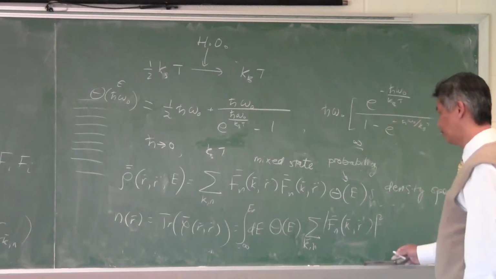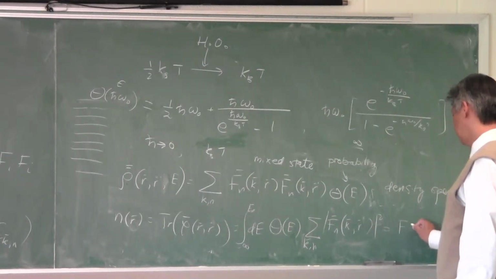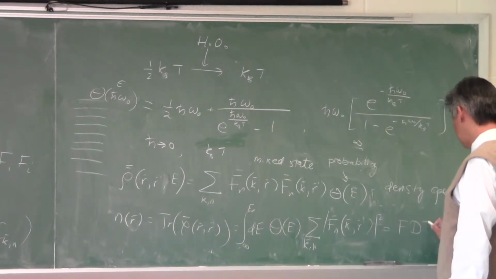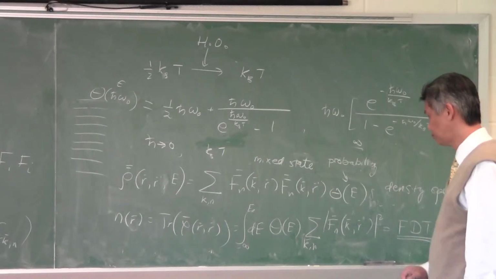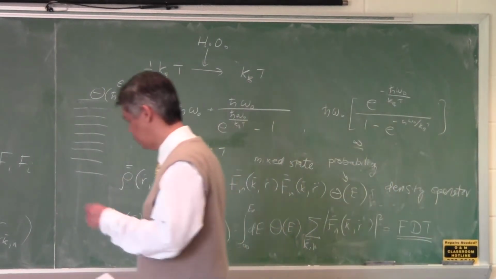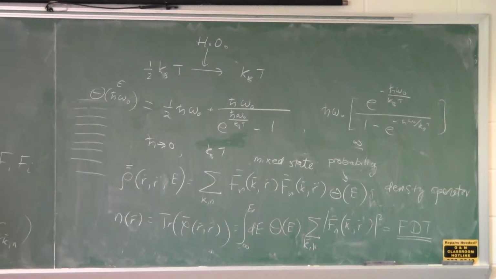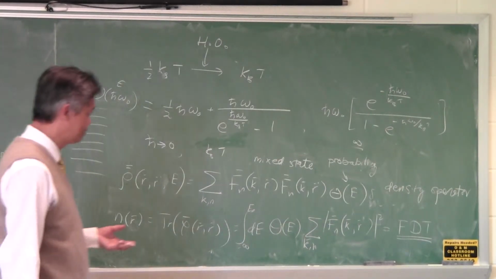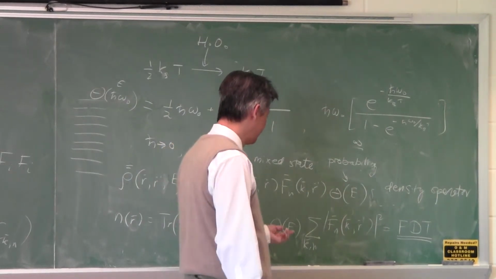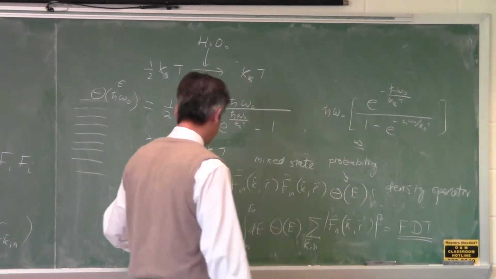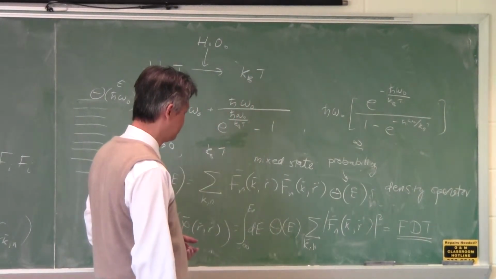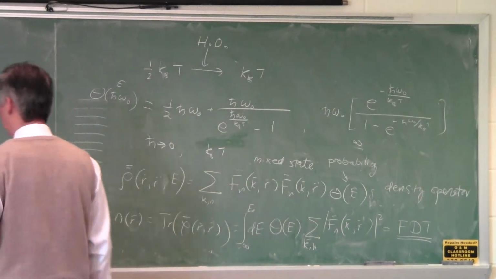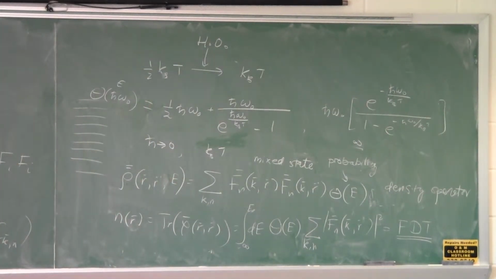So this actually is the same statement as the fluctuation dissipation theorem. This is what is called the fluctuation dissipation theorem, saying that if you know the local density of states and the Planck distribution, you can find the photon density by using this formula. And this formula is only valid if your system is in thermal equilibrium with its environment.